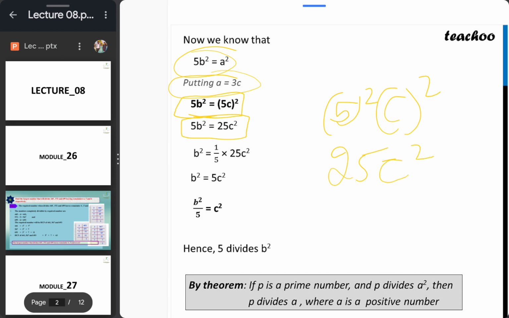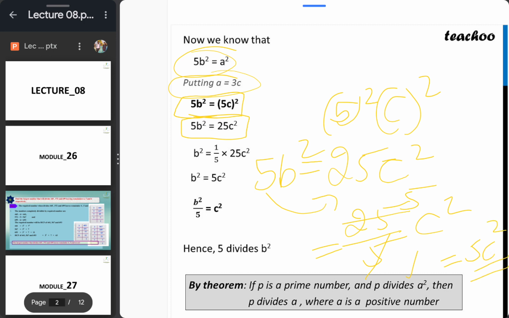So 5b squared is equal to 25c squared. Shifting this 5 to this side, we get 25 by 5 c squared, which is 5c squared. So b squared is equal to 5c squared, so b squared by 5 is equal to c squared.